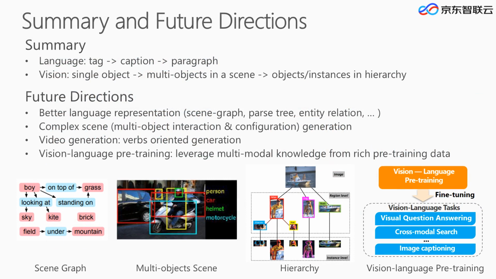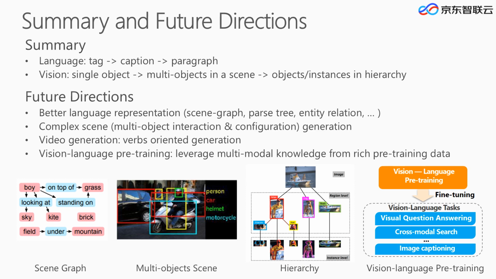In the past 5 years, language has evolved from single text to captions and to a paragraph. And the vision domain also changed from the single object to multi-object, organized in a specific scene, and even to a hierarchical structure of constituent objects and instances that depicts a thorough visual understanding.